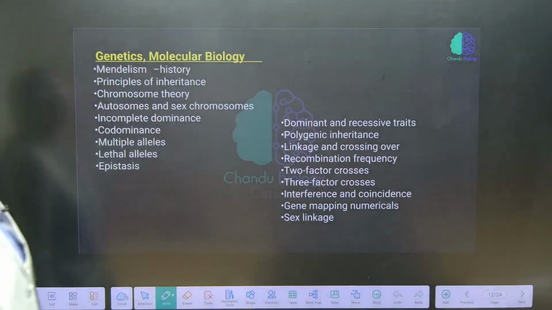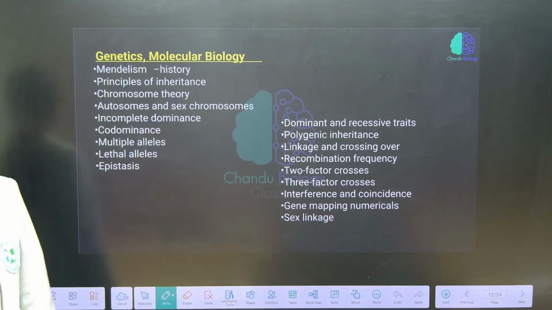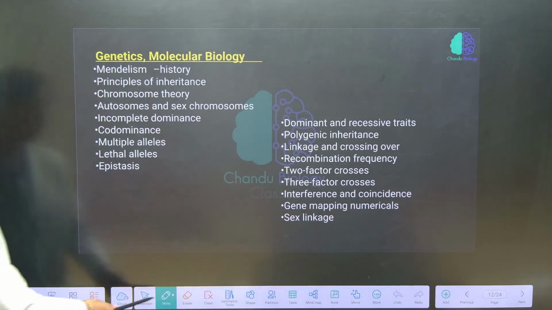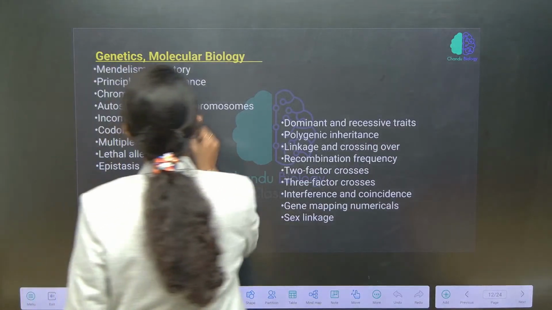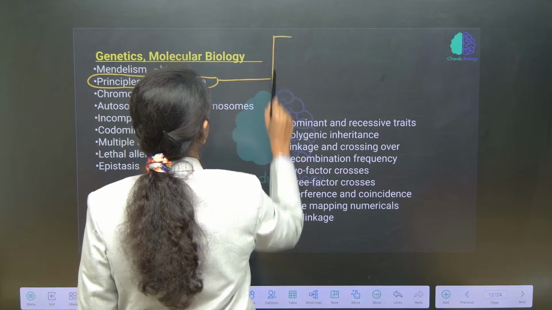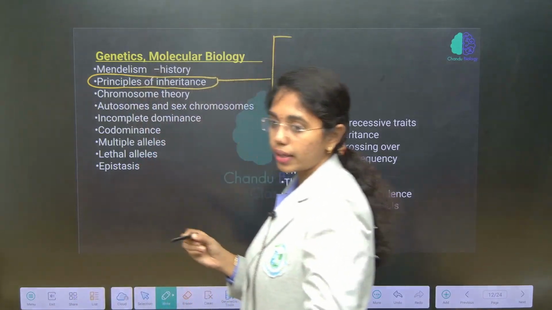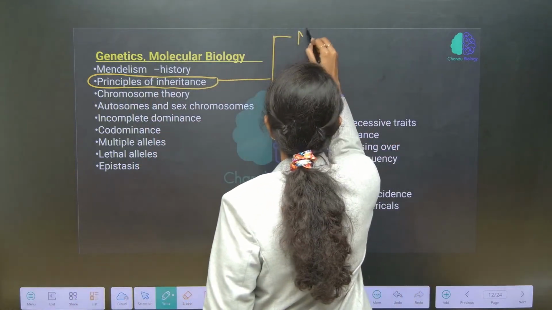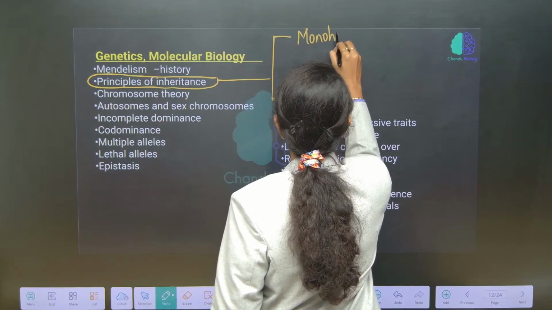Yeah. Here about genetics and molecular biology. First, Mendelianism only we will learn. Okay. What are the Mendel's principles of inheritance? We have three principles of inheritance. Two are derived from monohybrid cross of Mendel.